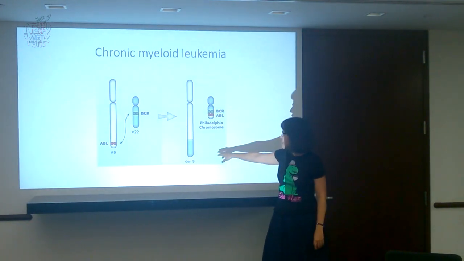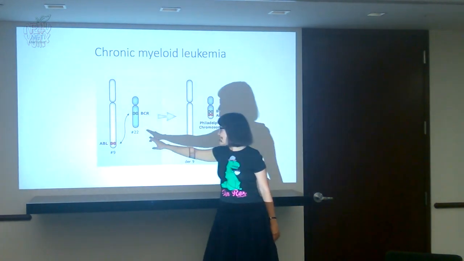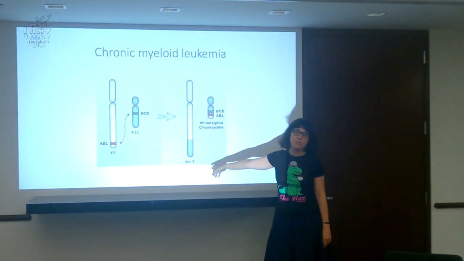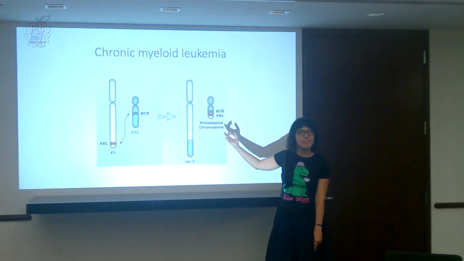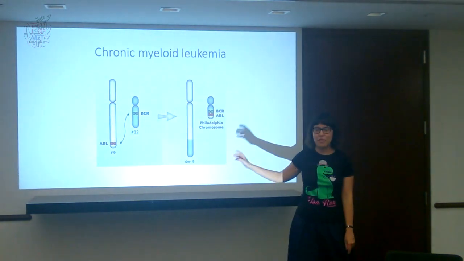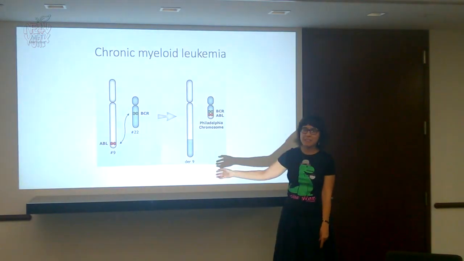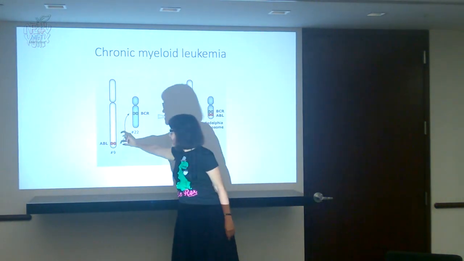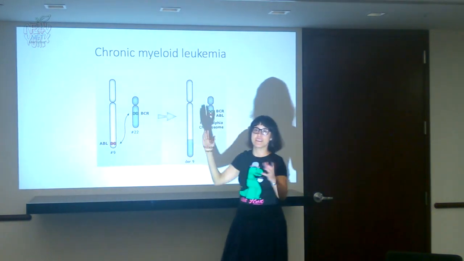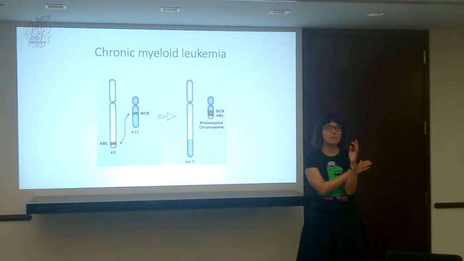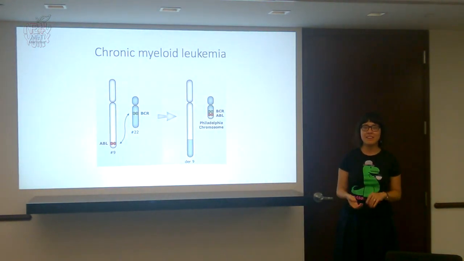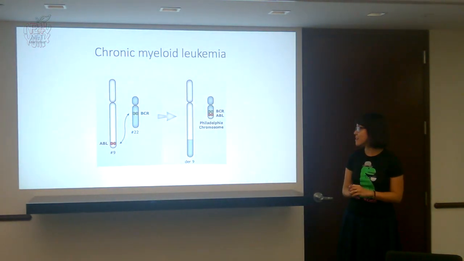So what happened here is that the part of chromosome 22 got bound to chromosome 9 and vice versa. And unfortunately, this happens in a place where there is one gene here, and they basically exchange parts and create a mutated gene that causes this type of leukemia.